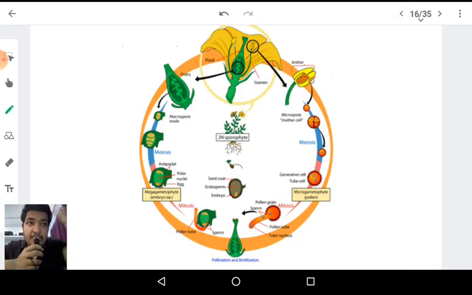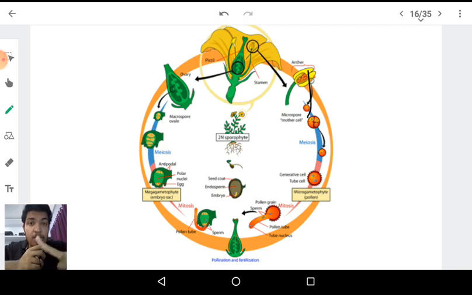Let us quickly recap the process of fertilization once again. The anther is going to release the pollen grain, and this pollen grain now goes to the stigma. From the stigma, a pollen tube is generated, and this pollen tube is going to reach the ovary. Inside the ovary, it goes to the ovule, and inside the ovule there is the egg as well as the polar nuclei.